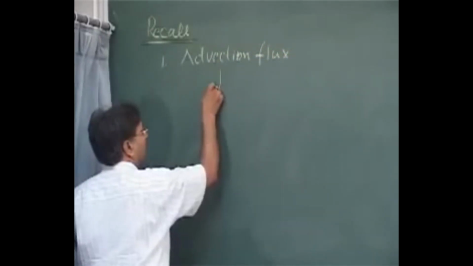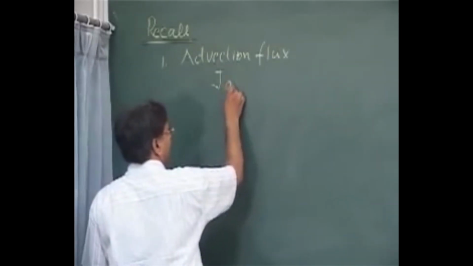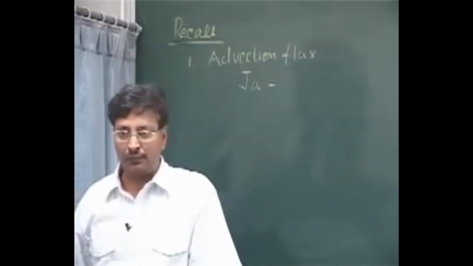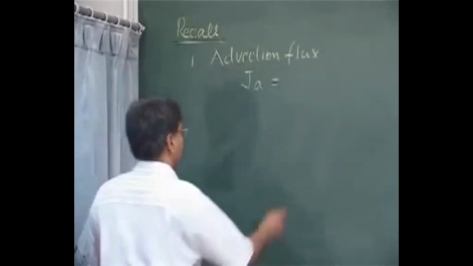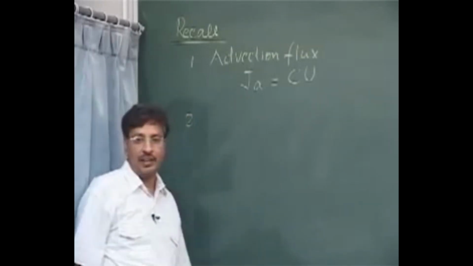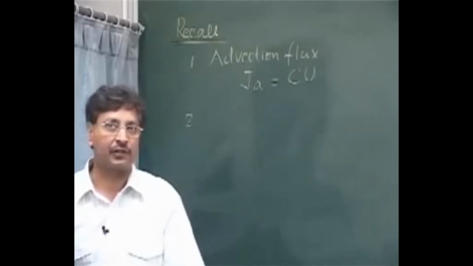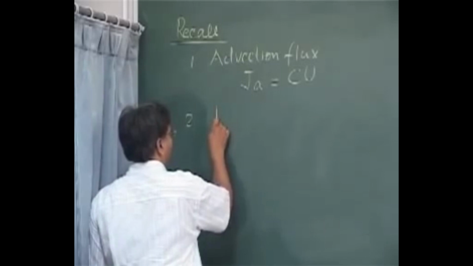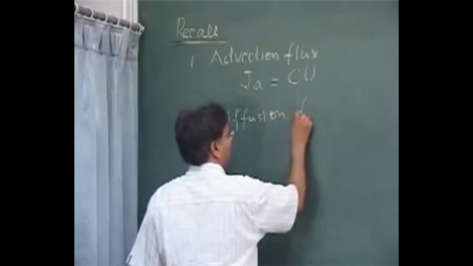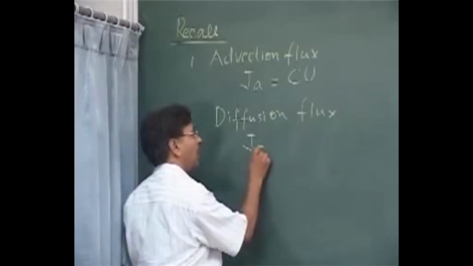We define that as JA, which was equal to CU. And there was another kind of flux which we defined because of diffusion, the flux due to diffusion, and that we say JD.